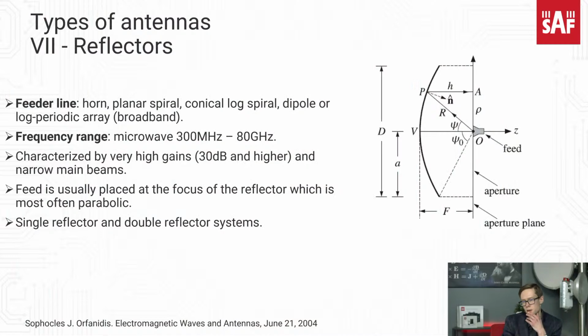We can actually find these main parameters shown here. So we can see this virtual aperture area, right? We can see the diameter of this antenna. We can see the distance to the focal point from the center of the reflector. And so this is the pure geometry.